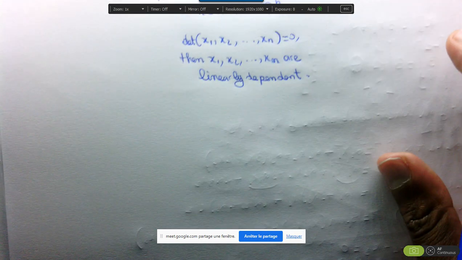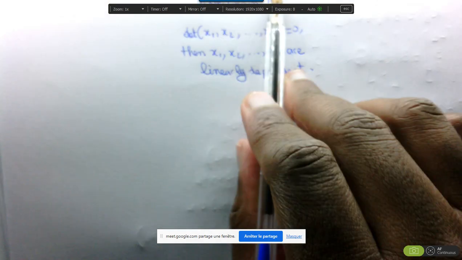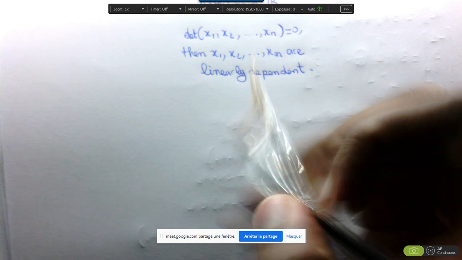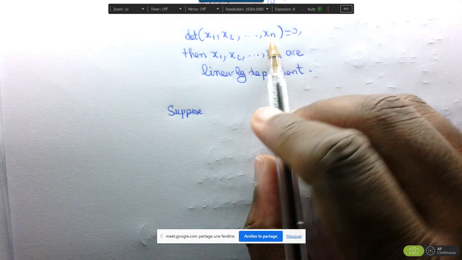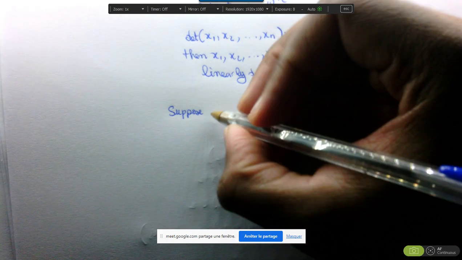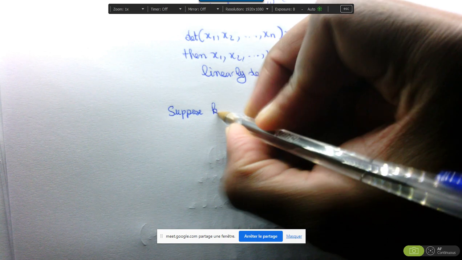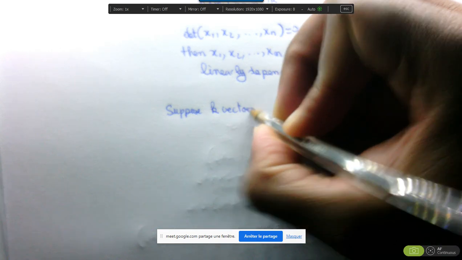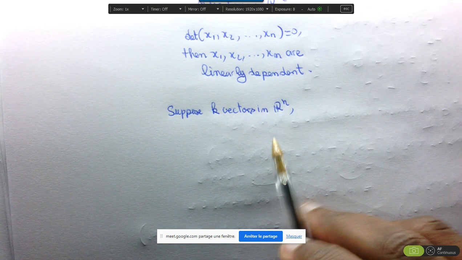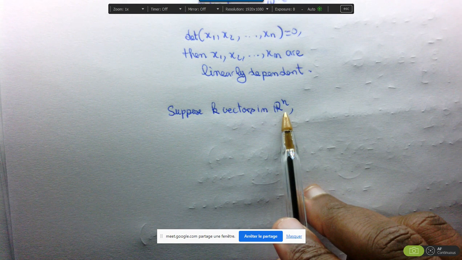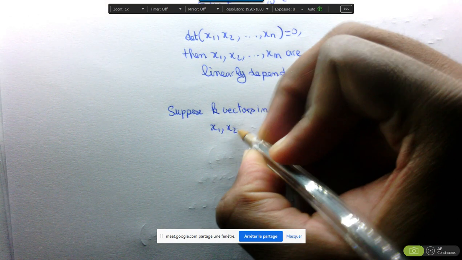So suppose instead of having n vectors, I have k vectors, so that here you have an n by n matrix. Suppose you have k vectors x1, x2, through xk in Rn. In this case you can no longer use the determinant.